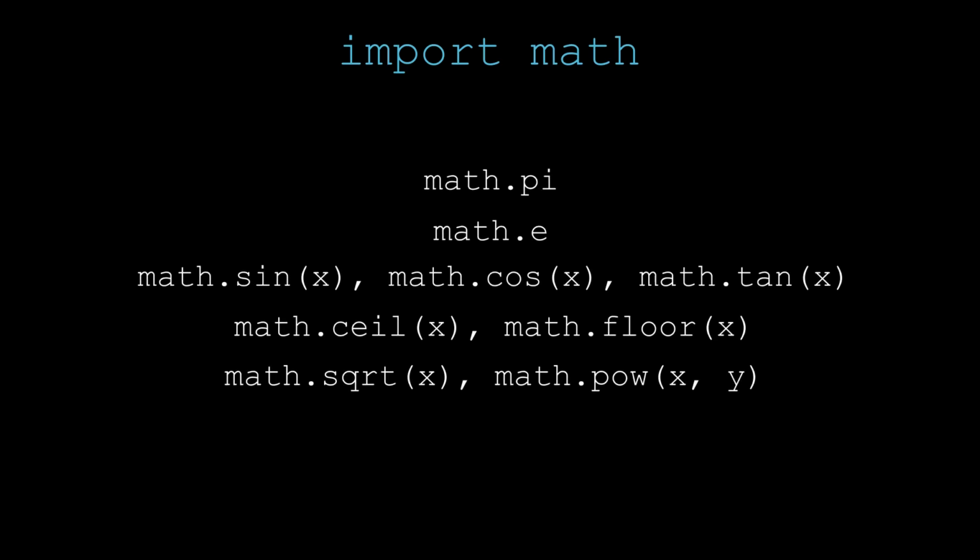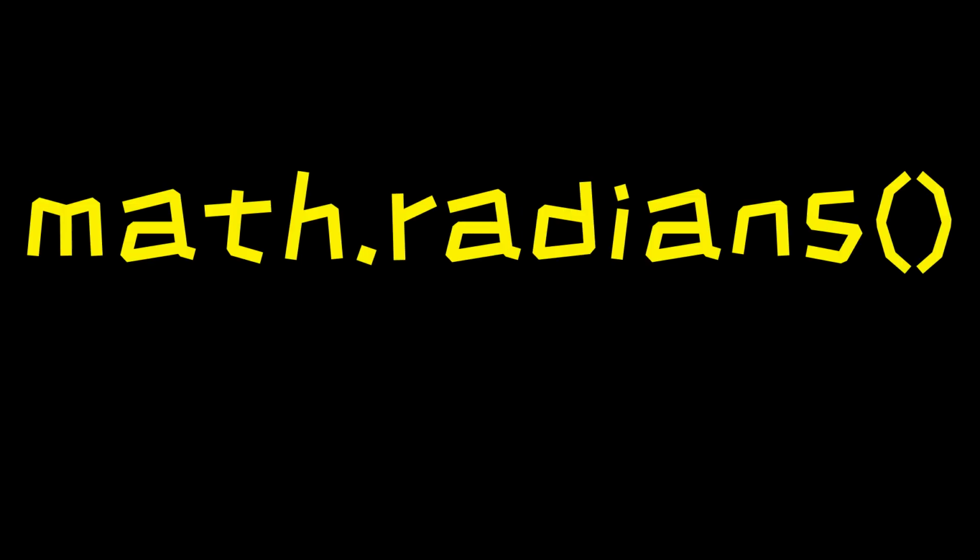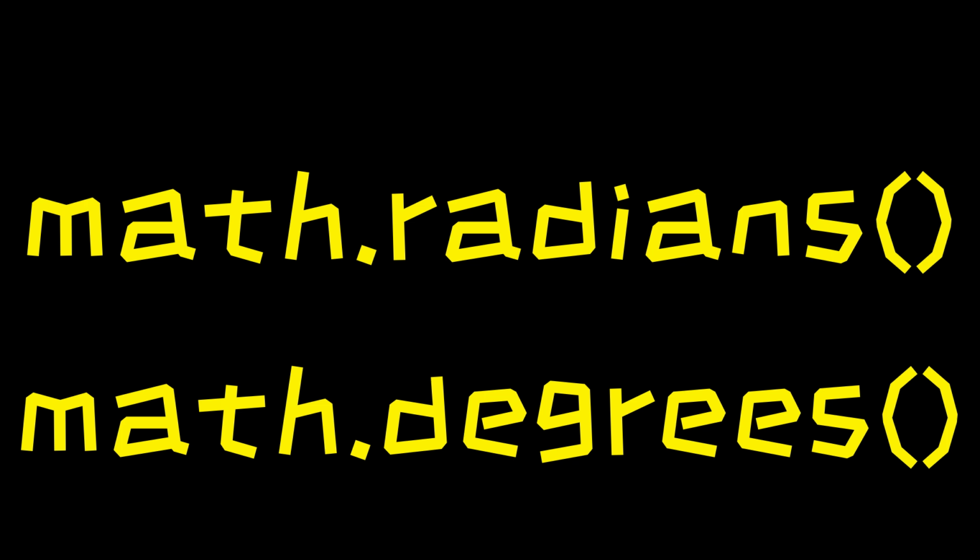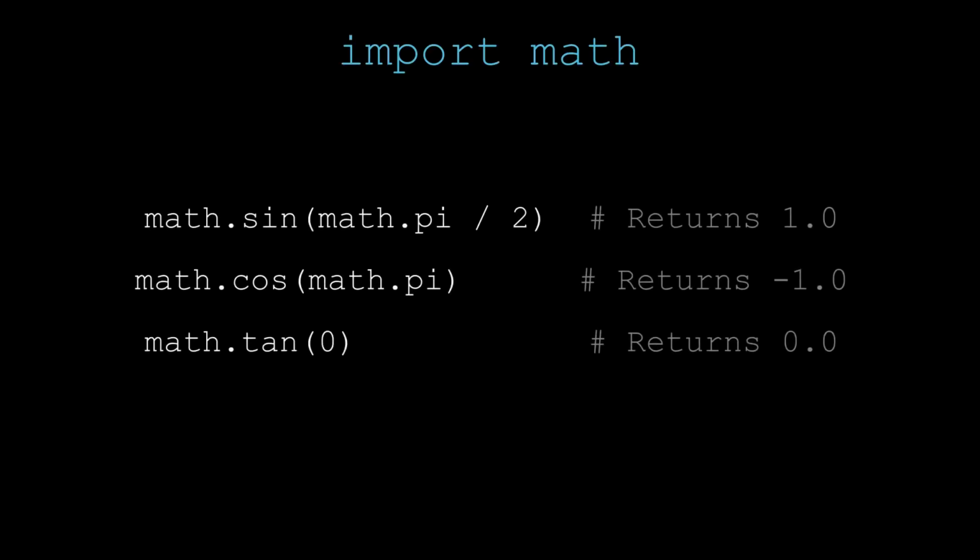Firstly, we have the math module. If you want to use constants, maybe pi or Euler's number, you can use math.pi or math.e. For trigonometry, we have math.radians and math.degrees to convert angles, and for the various trigonometric functions we have math.sin, math.cos and math.tan.